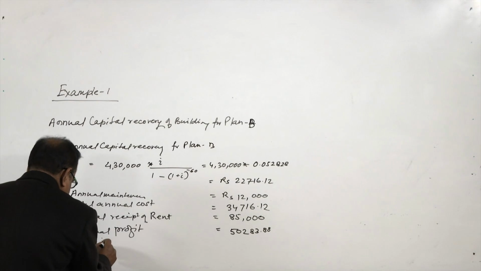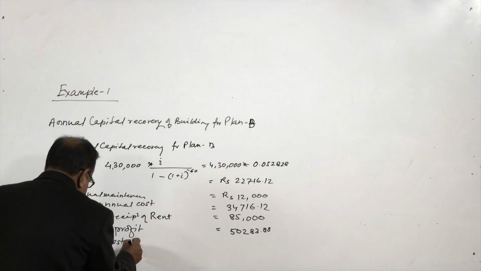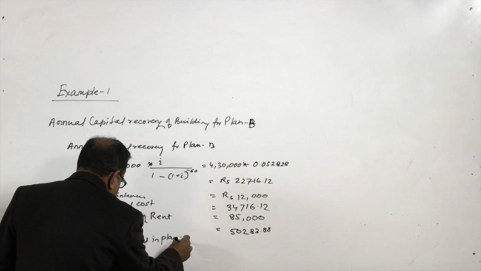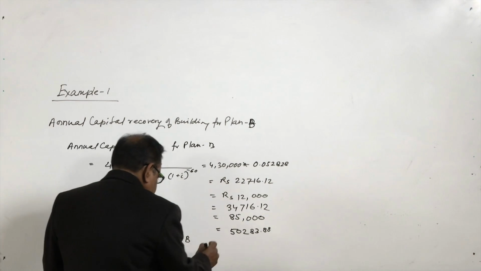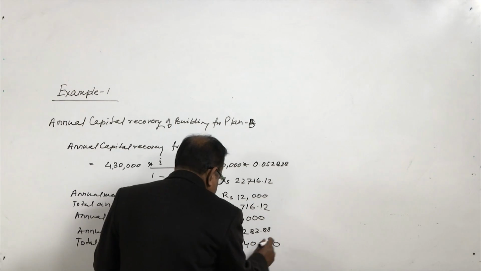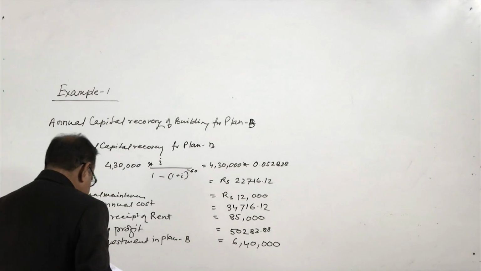Total investment in plan B is equal to 6,40,000. This is given as data in the table.